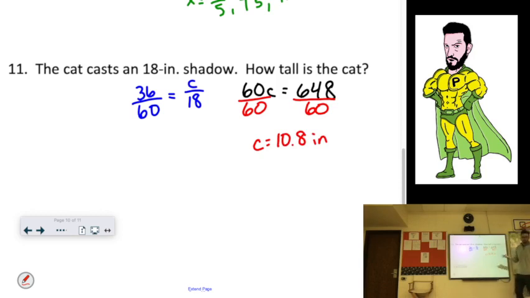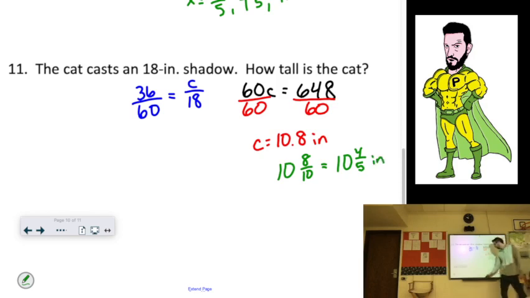Now, if we were to convert that into a fraction, ooh, this brings back some old stuff. Now that's 10, and the 8 goes to the first decimal spot, which is called the tenths. So this would be 10 and 8 tenths, which if you simplify 8 tenths, that would be 4 fifths. So we could say 10 and 4 fifths inches.